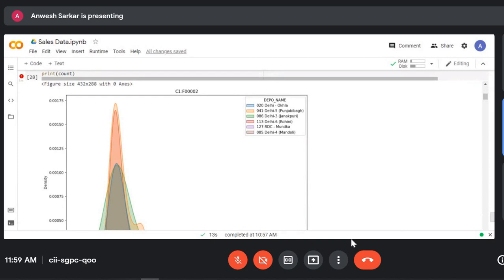And here what we are doing is, suppose there are 10 different depots in a region. Say for instance in Kolkata region there are 3 depots, and a region near Kolkata, say for example Burdwan and things like that, in West Bengal. So you have so many depots.